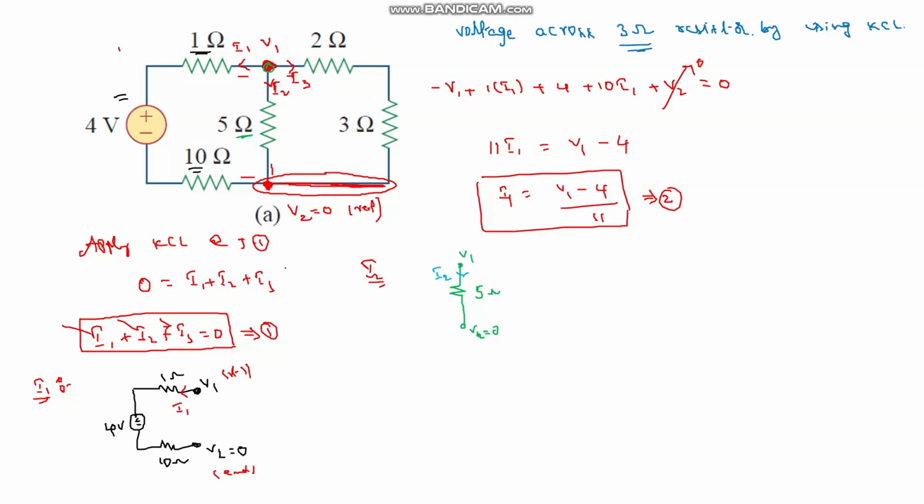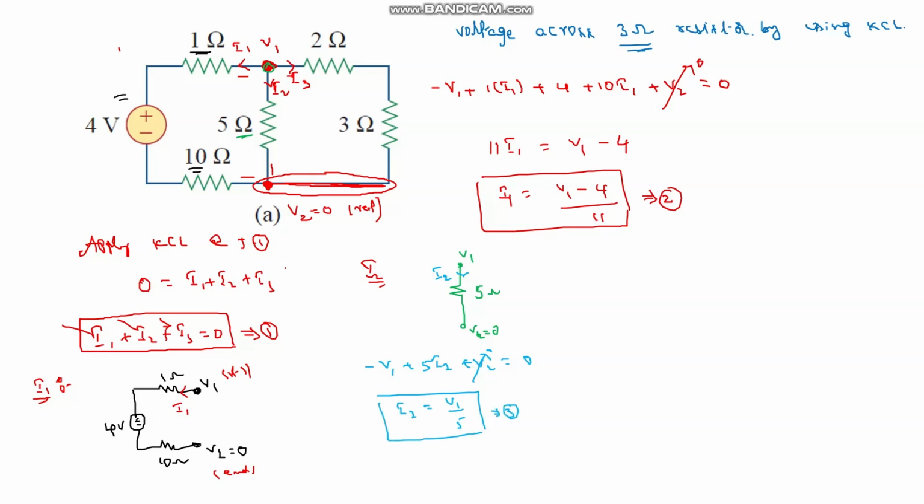So this is my assumed current direction. Now apply KVL for this path: minus V1 plus 5 I2 plus V2 is equal to 0. Here V2 equals 0, then I2 is equal to V1 by 5. Let it be equation number 3.